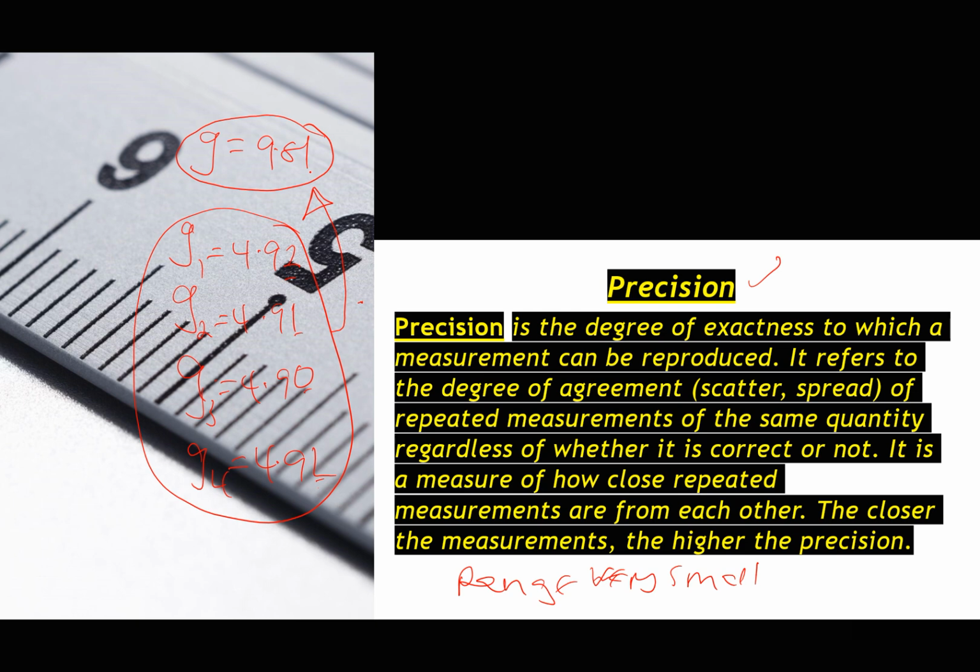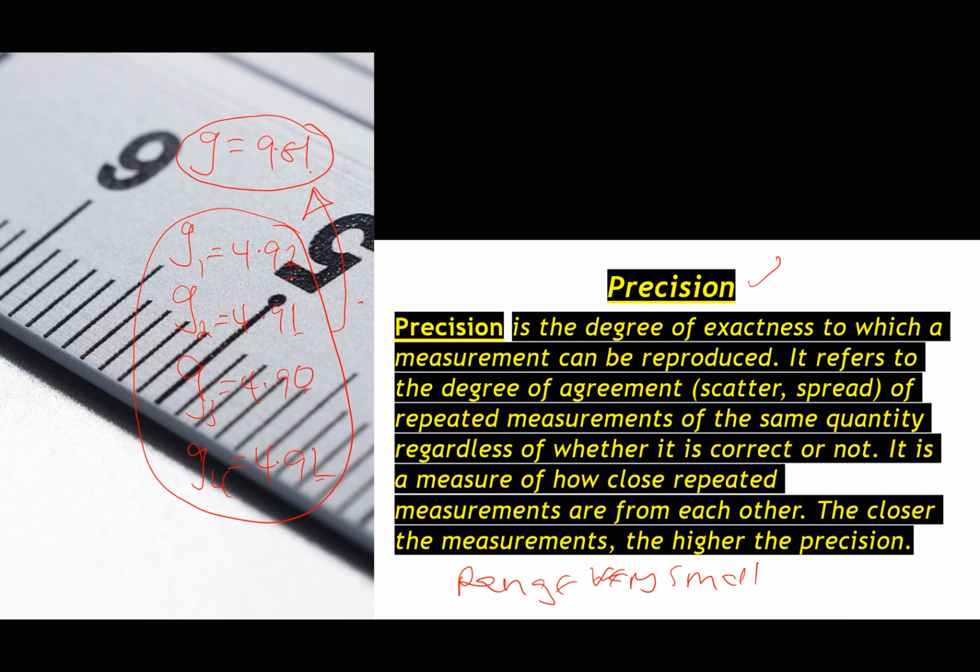Measured values can be precise but not accurate, as we have seen. But is it possible for accurate values not to be precise? We are going to see that later on. So precision is making values scatter or spread, and sometimes they may not necessarily spread around the true value.